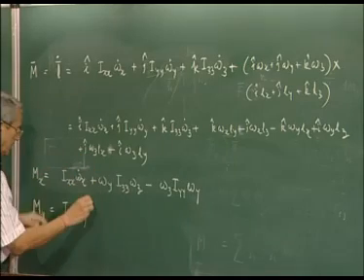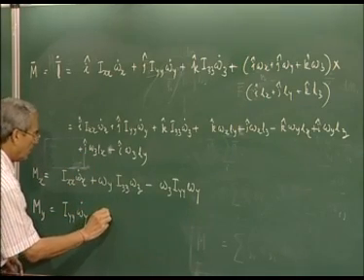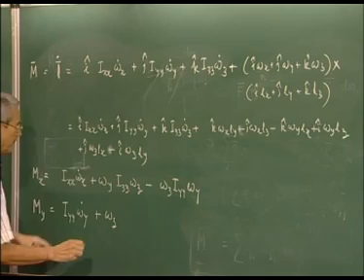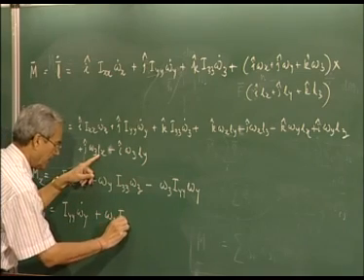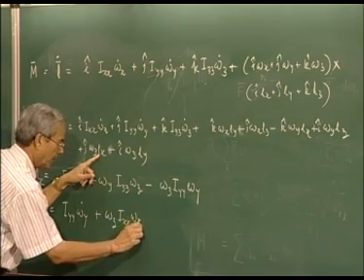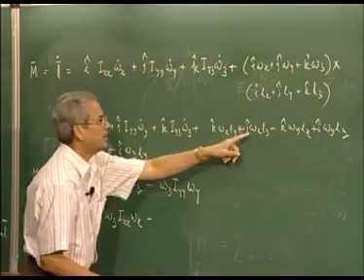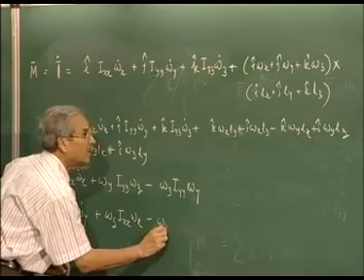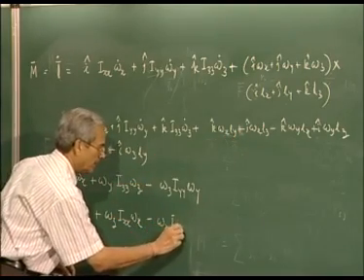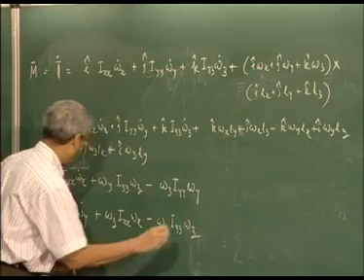So therefore this plus omega z Lx, where Lx is Ixx omega x, and this is omega x Lz, which is Izz omega z.